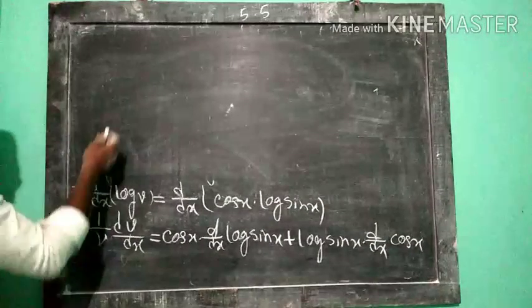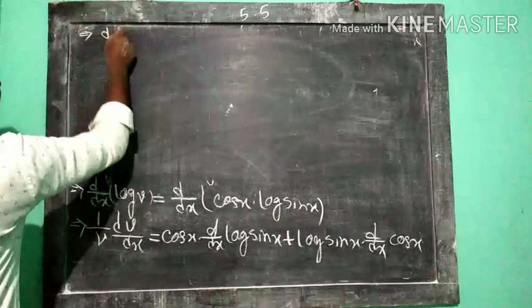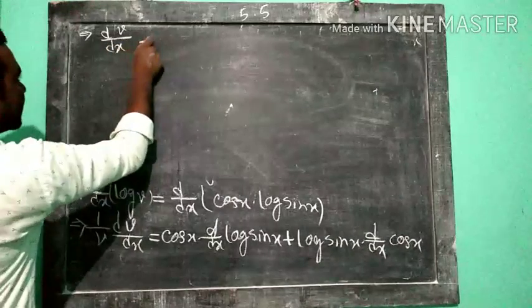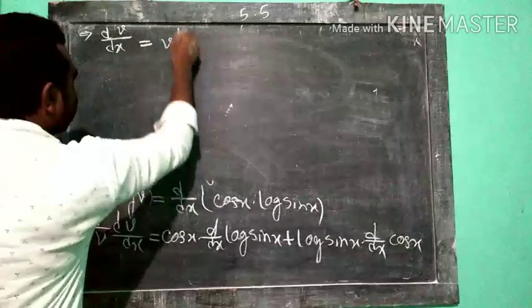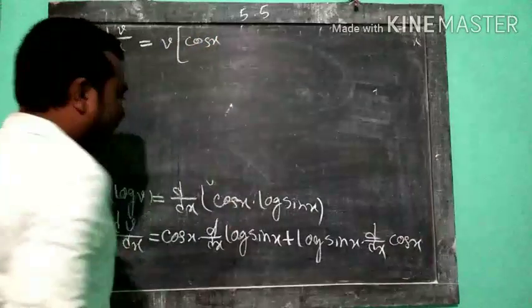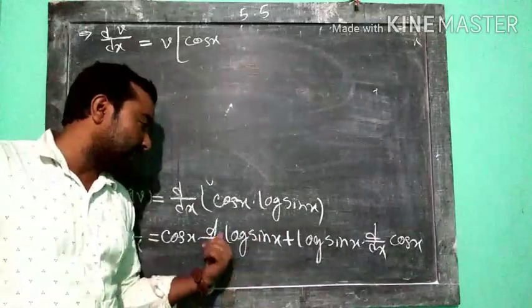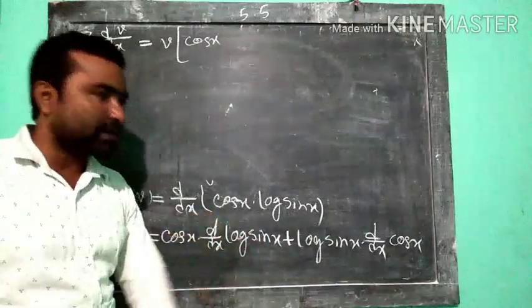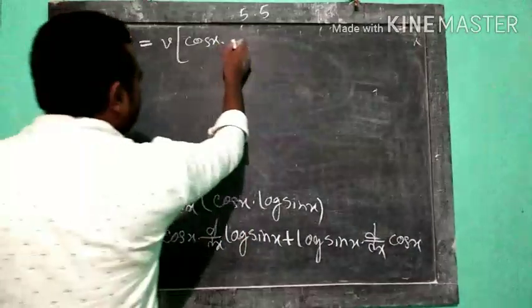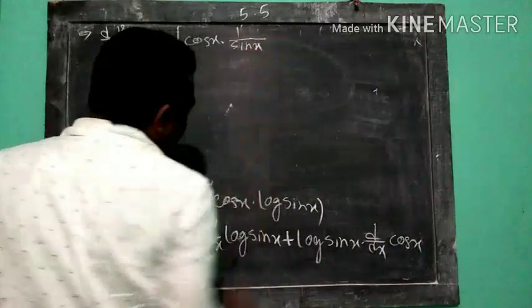So this implies dv/dx is equal to v whole into cos x d/dx of log sin x. If we take this as x, then d/dx of log x is what? d/dx of log x is 1 by x. Here x represents sin x.